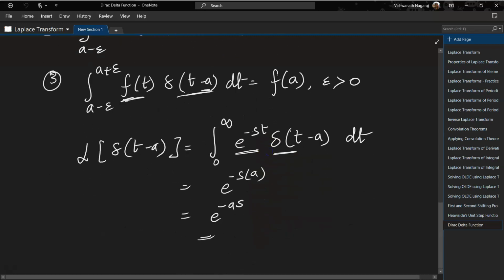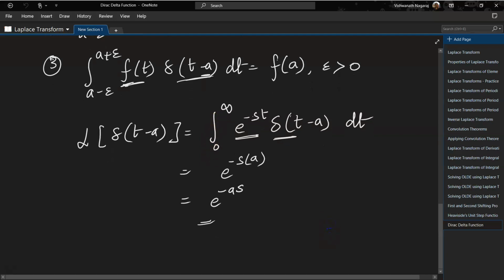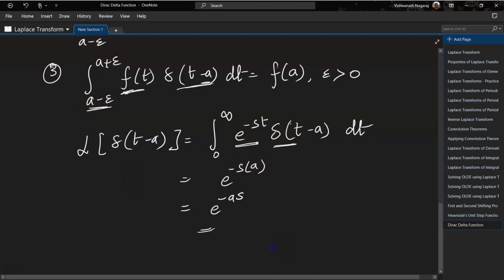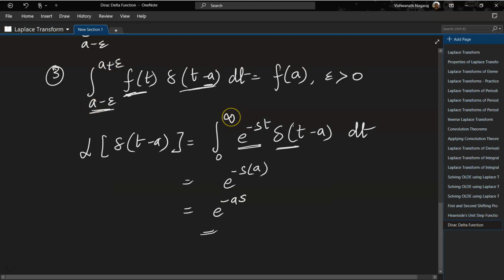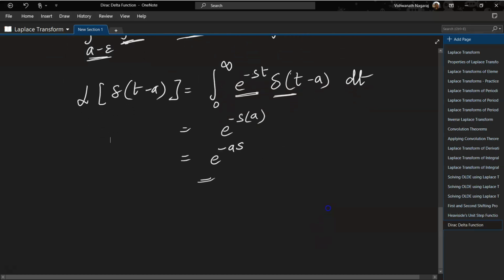We just have to focus on the positive side, because the negative side is all 0. Beyond epsilon also it is 0, so we can convert the upper limit to infinity. So that is the Laplace transform of the delta function.